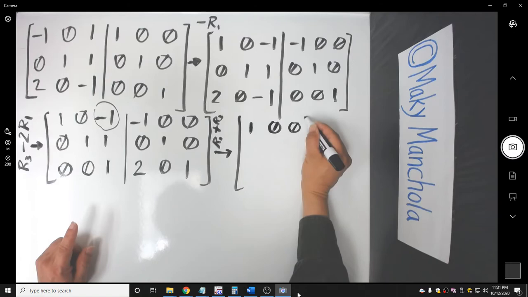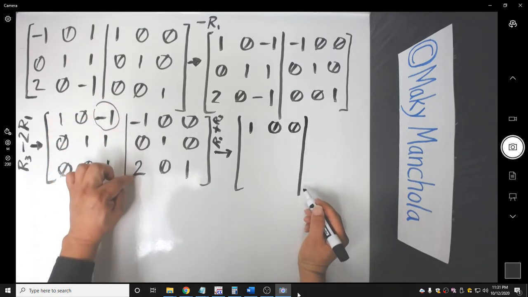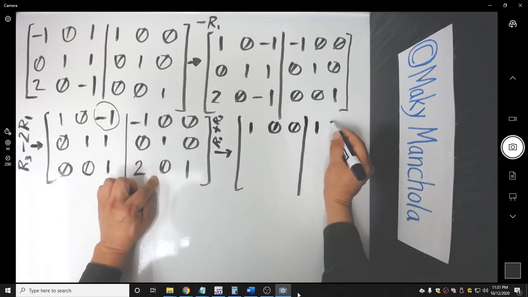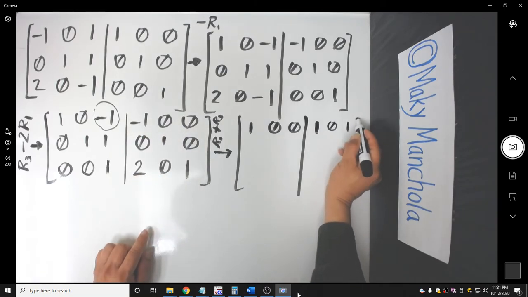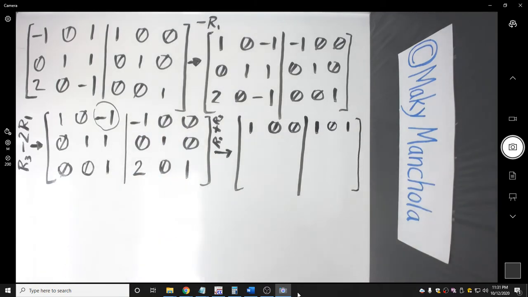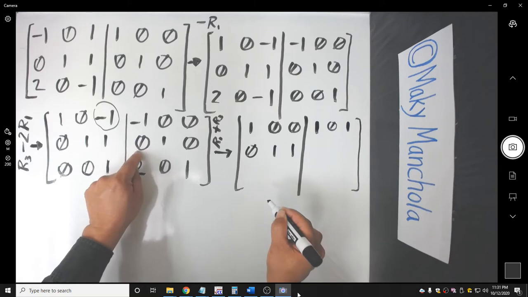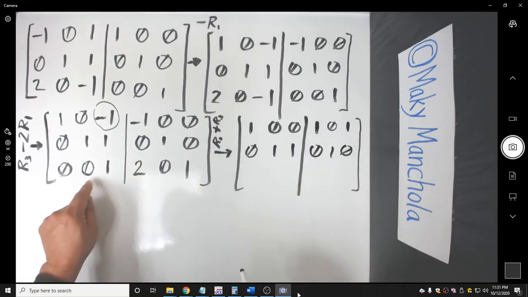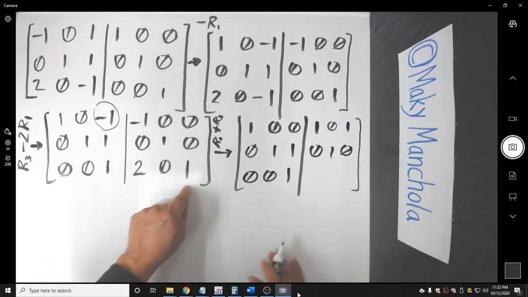Mission accomplished. That's what we wanted. -1 plus 2 is 1. 0 plus 0 is 0. 0 plus 1 is 1. Everything else remains unchanged. So 0, 1, 1, 0, 1, 0, 0, 0, 1, 2, 0, 1.